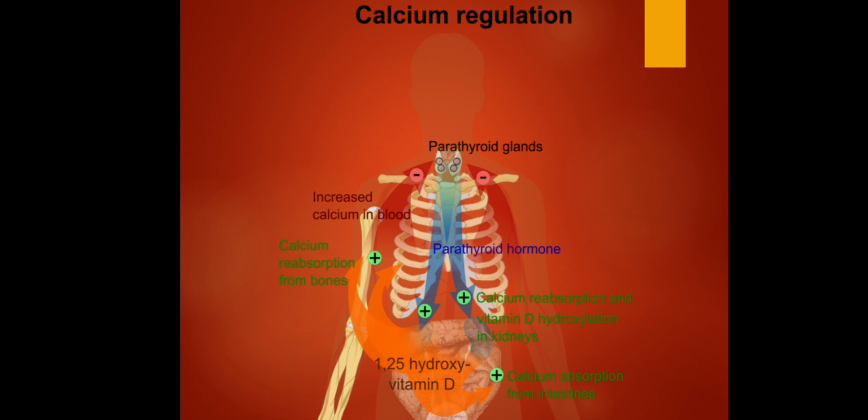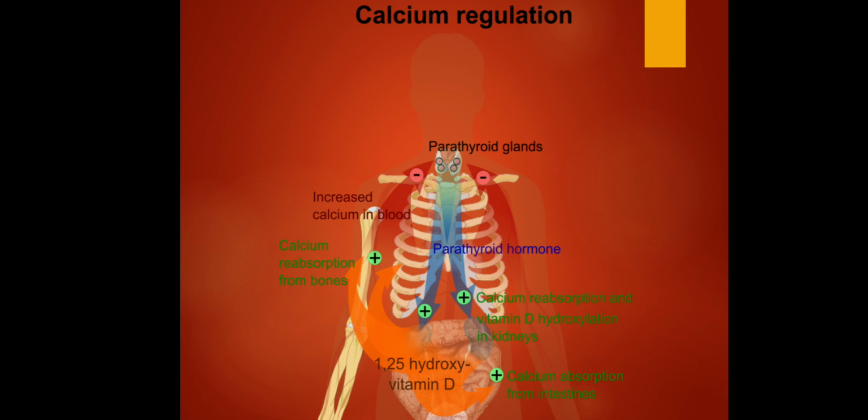So this is the summary or illustration of how calcium is regulated, from the different parts of it. From the start, which is our parathyroid gland, we can see how the calcium will increase, and the calcium reabsorption from the bones.